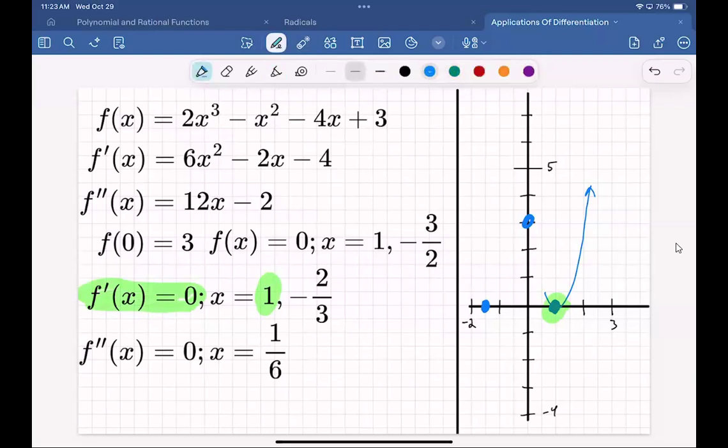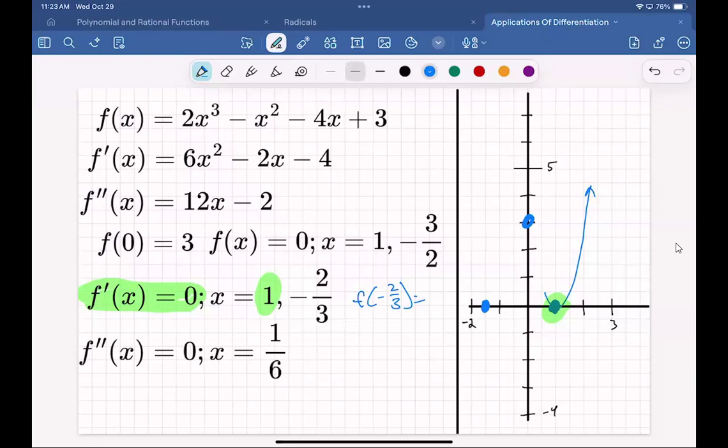So let's go plug the negative 2/3 into our function then. So f of negative 2/3, okay? And this is where I would definitely say, hey, make sure you're comfortable with your calculators. But I'm going to plug this into my function because this is going to help me make my graph a little bit more accurate than it was before, right? I didn't know where the turn occurred, but now I know where it occurs. It occurs at negative 2/3, okay?